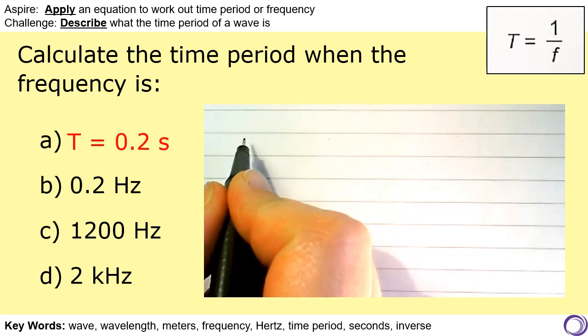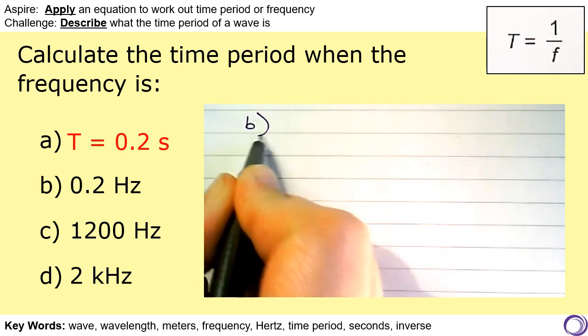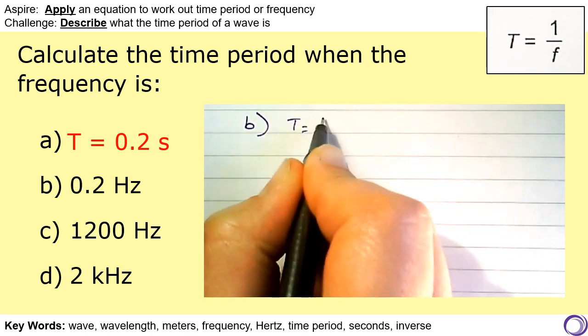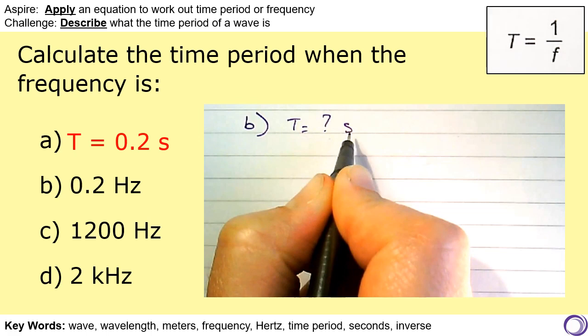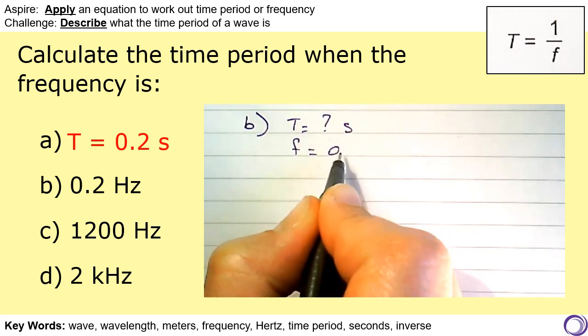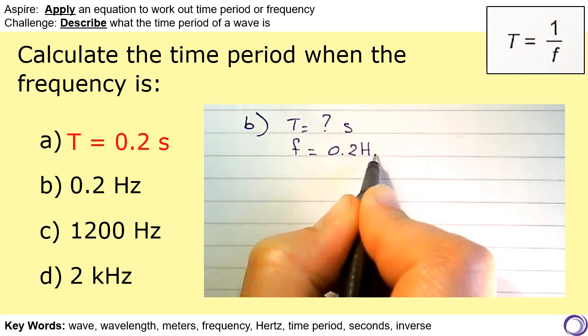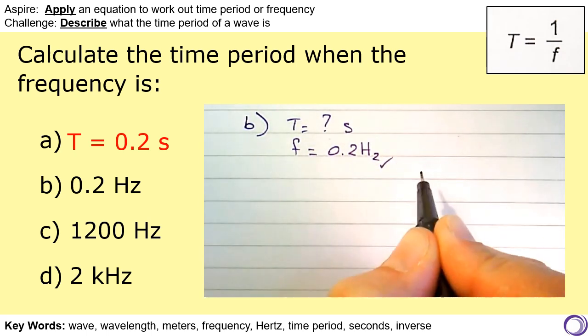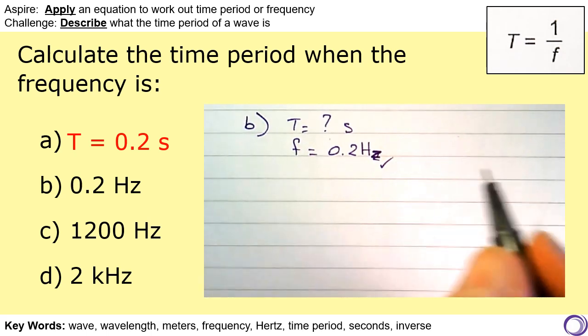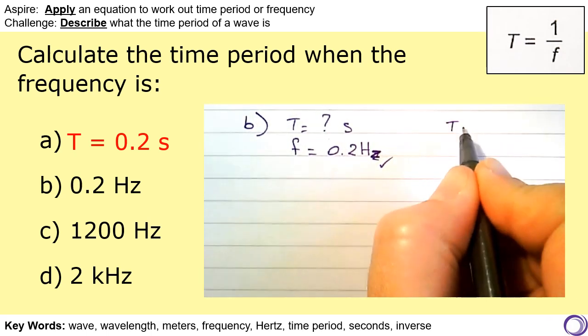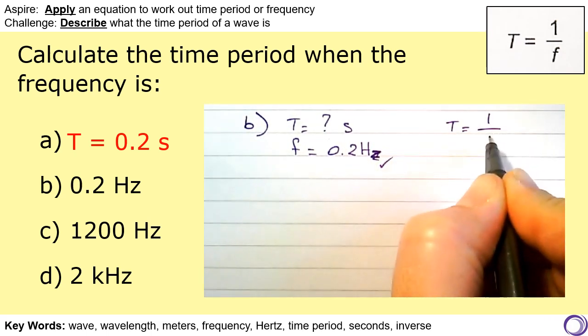So in question B, I need to find time period again. So that's my unknown, and the unit is seconds. This time, my frequency is 0.2 Hertz, which again is the correct unit for frequency. That should be a Z. So I'm going to write my equation, T equals 1 over f.